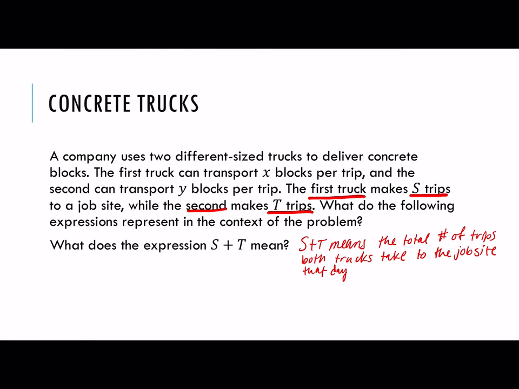They go at different rates, and so they can do different numbers of trips. So that's what S and T mean.